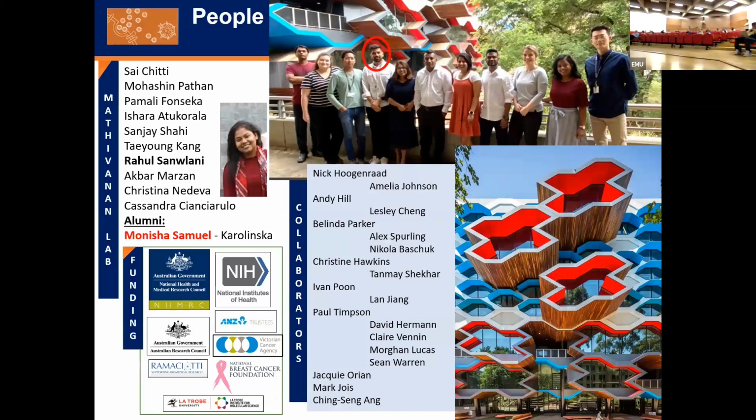Thank you so much for the wonderful talk. I'm going to ask a question that maybe other people might know the answer to. You said that EVs affect the physiology of the receptor cells.